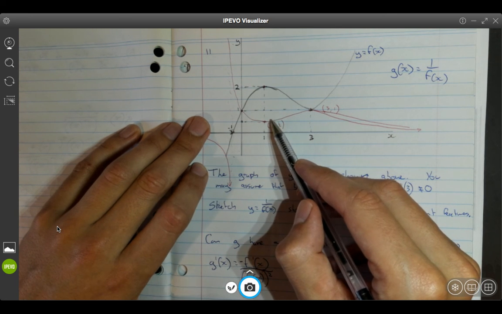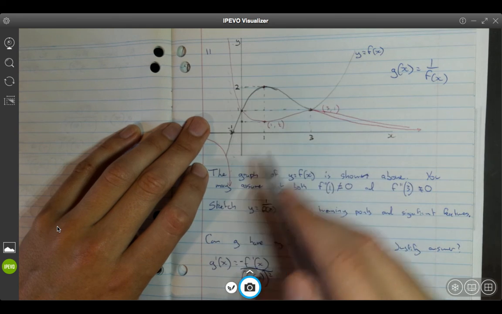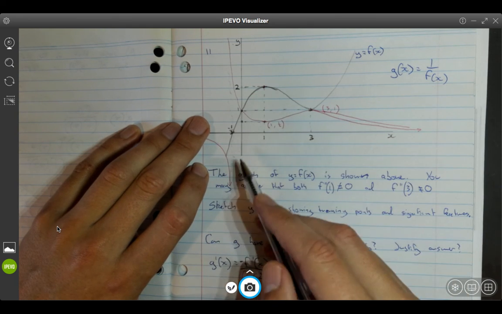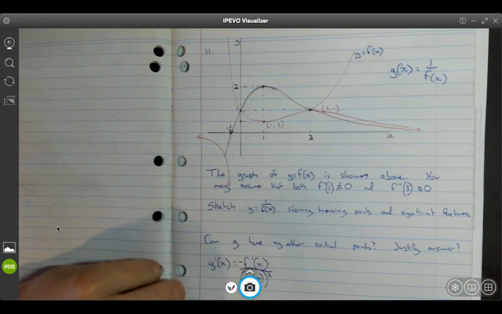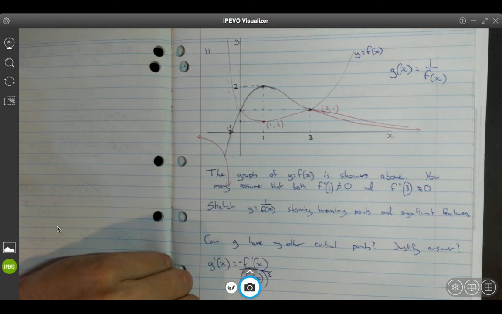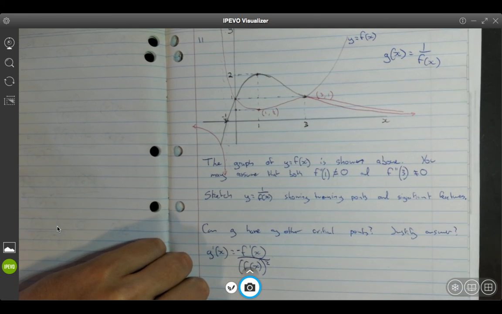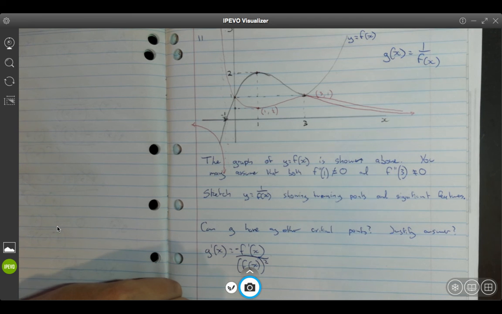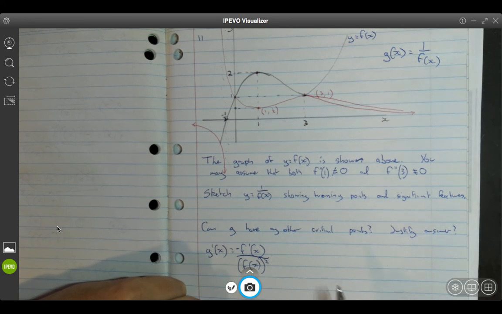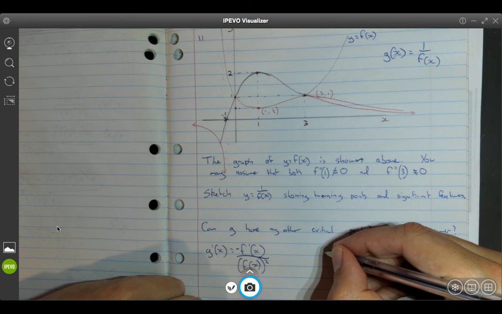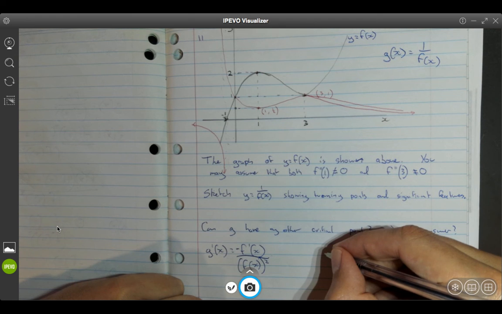And then we have another point here where f of x crosses the x-axis. And this is going to lead into the second part of the question, the follow-up question, which is, can g have any other critical points? Justify your answer. Well, critical points happen where you've got the first derivative equal to 0 or undefined.